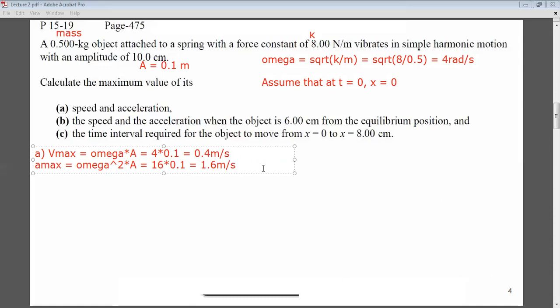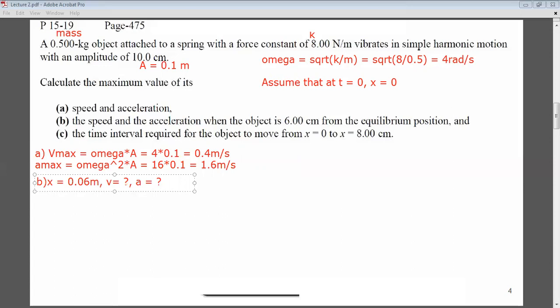Okay. Part B. The speed and the acceleration when the object is 6 centimeters from the equilibrium position. So we have x equals 6 centimeters or 0.06 meter. Find v, find a.